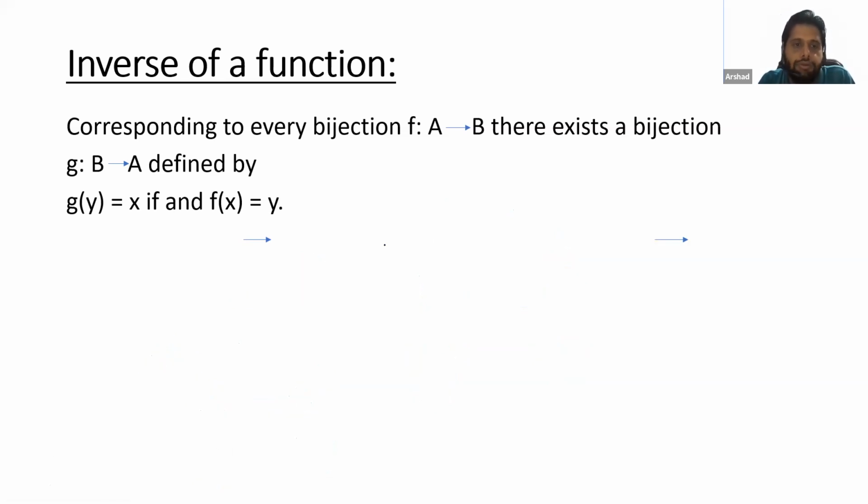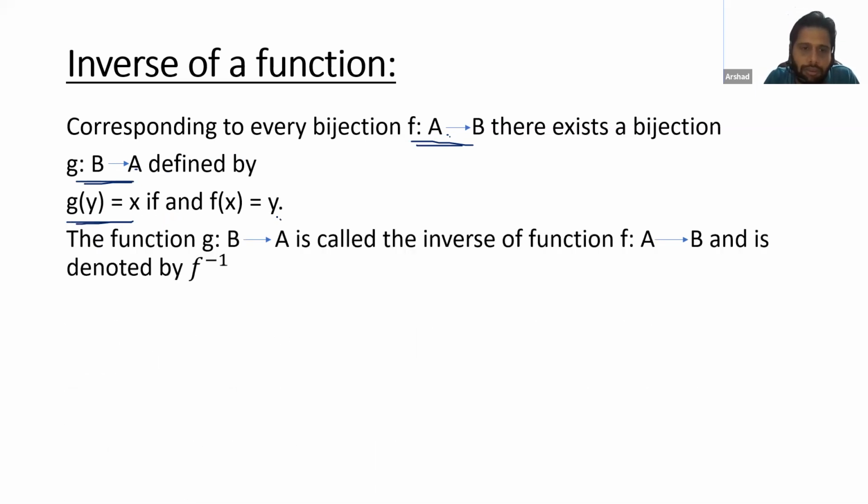So corresponding to every bijective function, there exists another function. Please check here. This f from A to B is a bijective function. If this is bijective, then there exists another function B to A. Earlier we had a function A to B. Now we have a function B to A defined by g(y) = x, where f(x) = y. This function B to A is called the inverse of the function and it is denoted by f inverse.